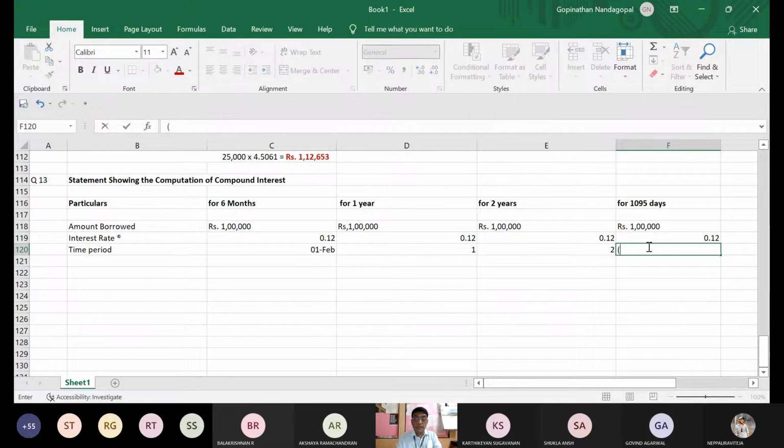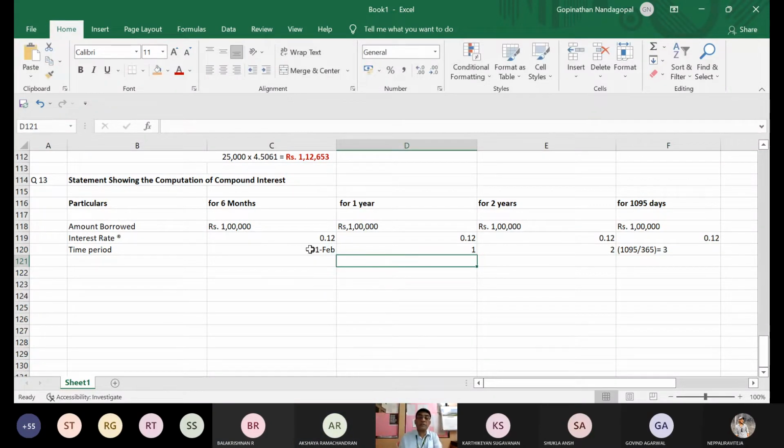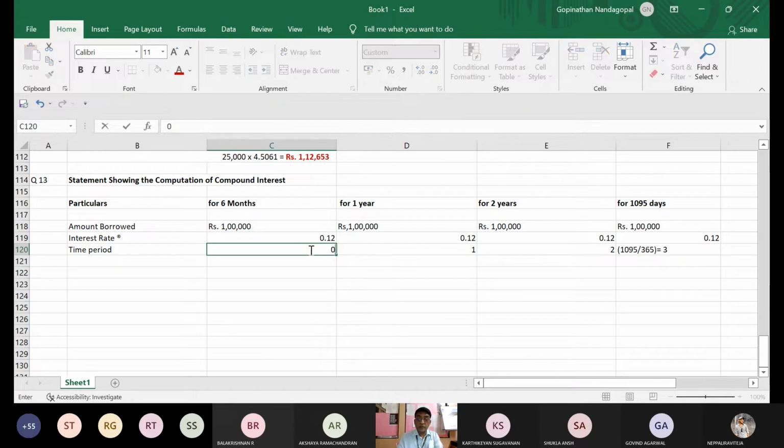So we can put it like this: 0.195 divided by 365. How much do you get this? 3, sir. You can take it, round it off as 3. I'll put it as 0.5 here. Or I'll put it as 6 months. Then only it will be right. Okay, 6 months.